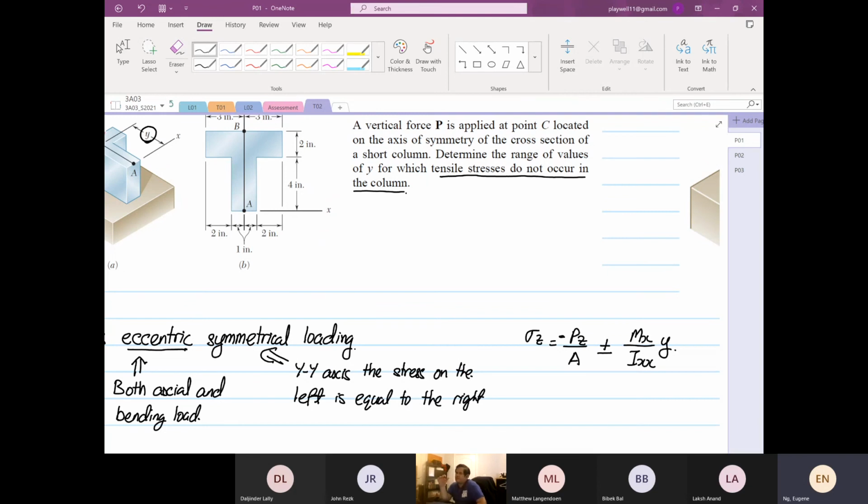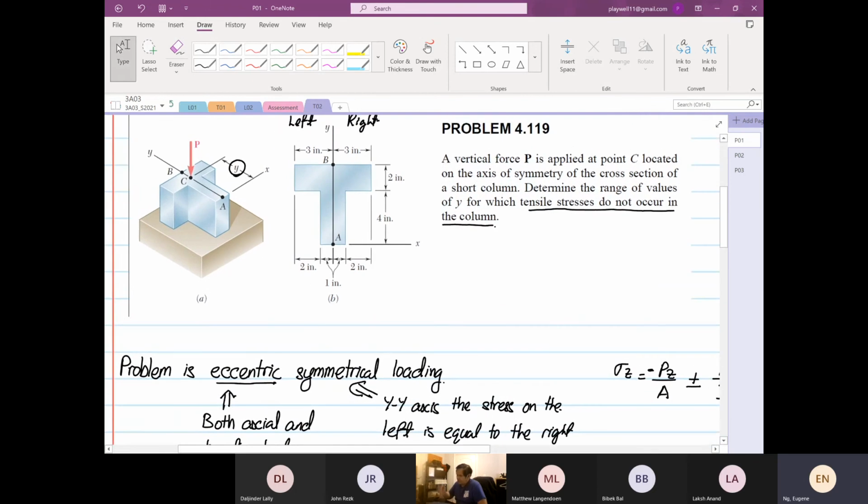Some of you will ask me, Eugene, in what situation would you only want compression and not tension? Anyone know any structure where you only want compression rather than tension? Can you tell me what material would be most suitable for such an analysis?